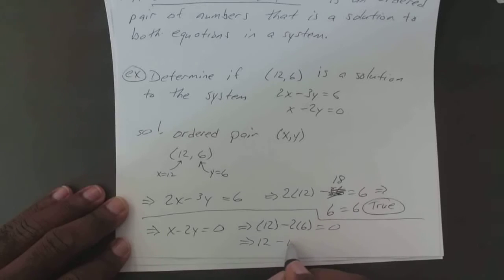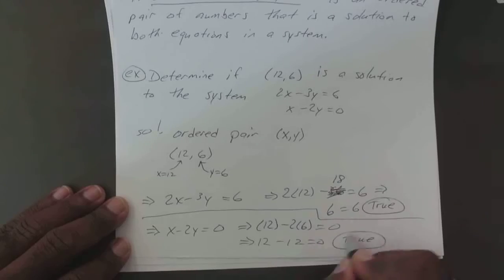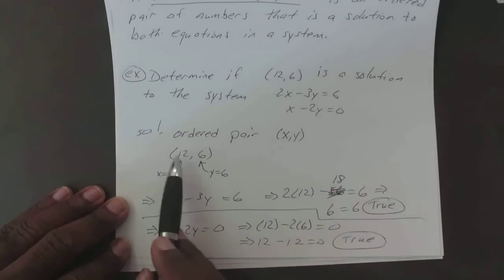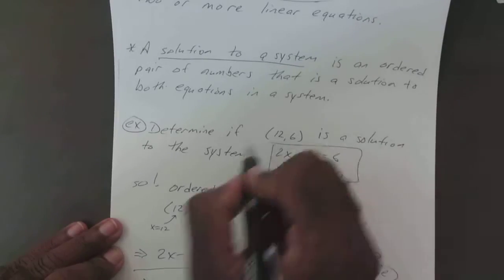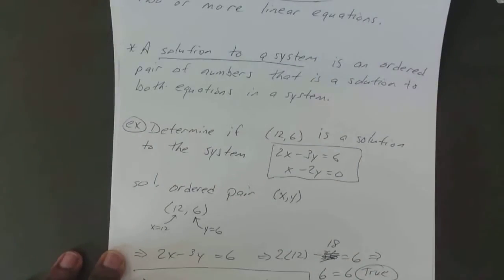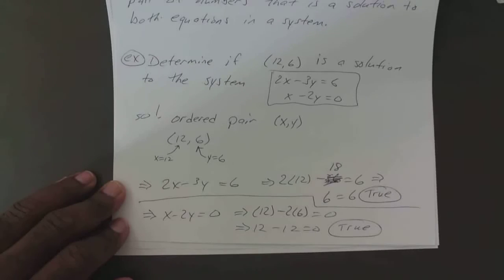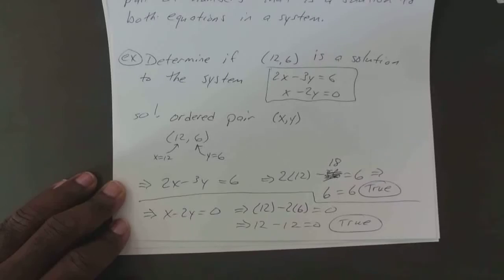So you end up with 12 minus 12 equals 0, which is true. So that means that 12, 6 is a solution to this system, because it's true for both. Okay. Remember that this is all going to be scanned and posted, so if you happen to miss a little bit, you don't have to worry, it'll pop right back up. Okay. So any questions on this one? All right.